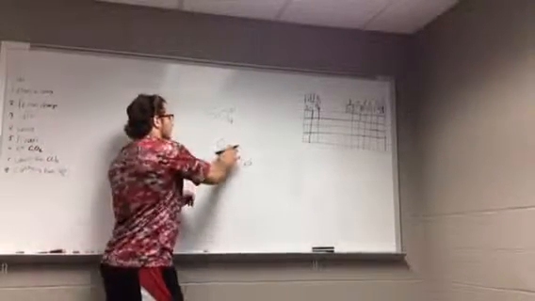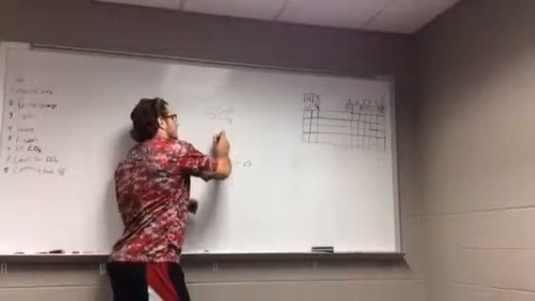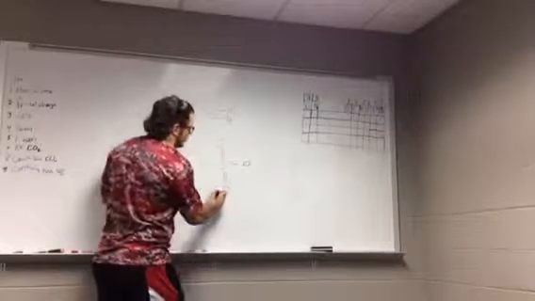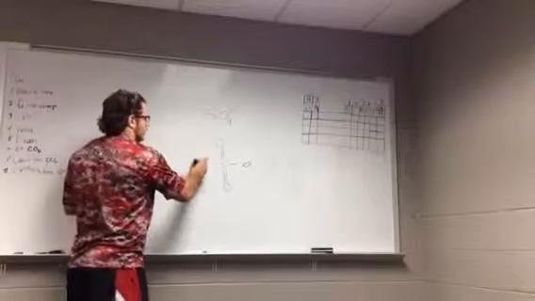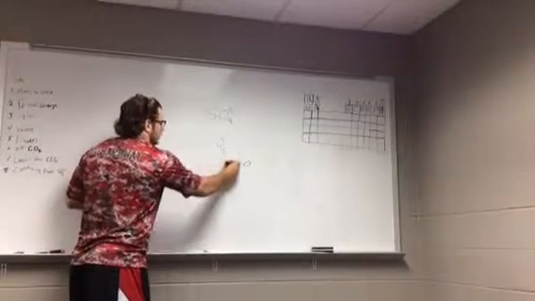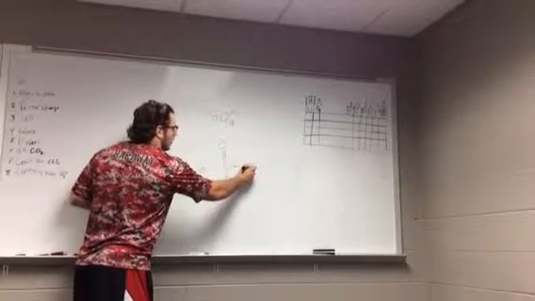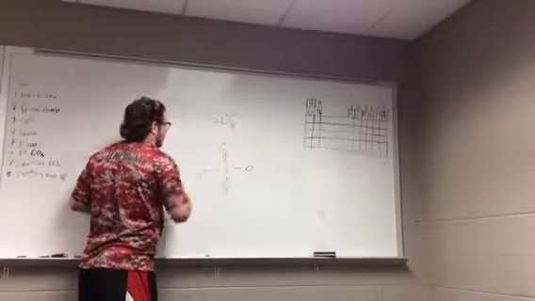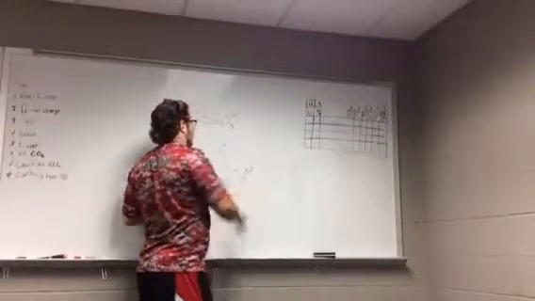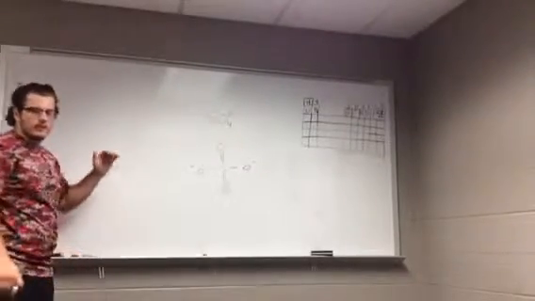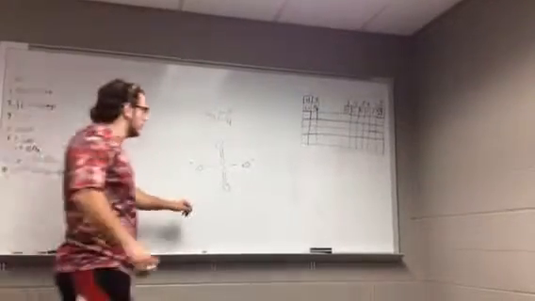Since this oxygen has a double bond, it's going to have 2 lone pairs. Same thing down here. Since it's a single bond to oxygen, it's going to have 3 lone pairs, as well as a negative charge for both of these.